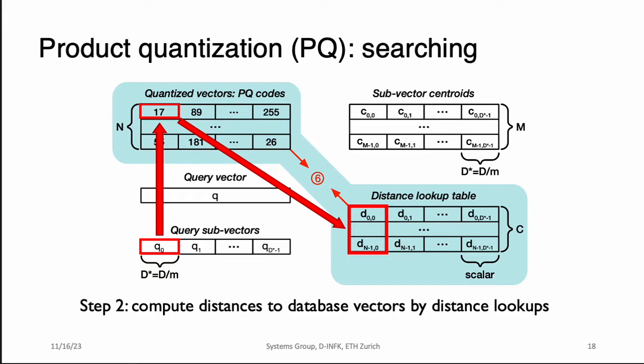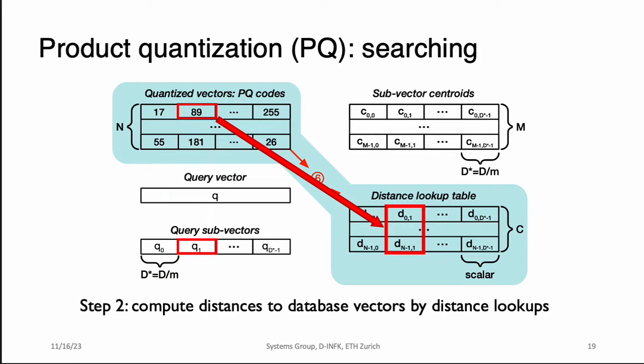Once we do that, when scanning the database vector, we can use that distance lookup table very efficiently. For example, if I compare the first subquery vector with the first PQ code in the database vector, I just need to use the 17 as the address to fetch a distance from that lookup table, because I already computed all of those distances beforehand.